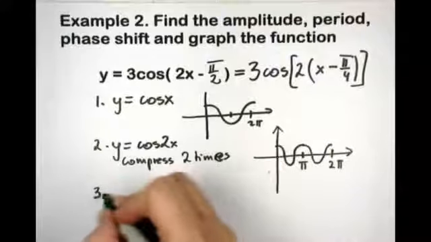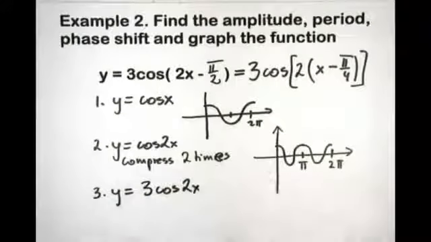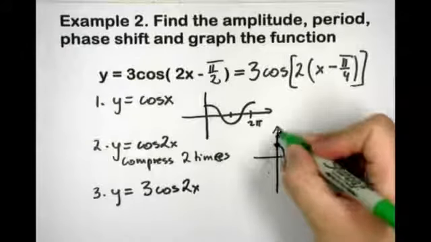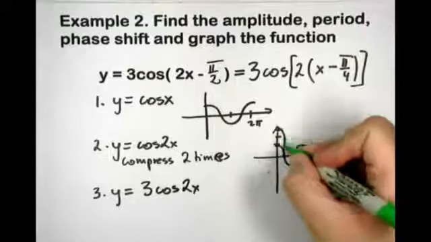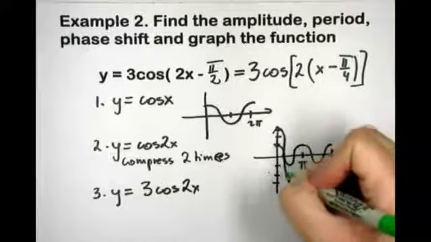So number 3 is y equals 3 cos 2x. That means expand vertically. So this graph is going to be going from 1 up to 3. This part stays 1, 2, 3, and it goes like this.